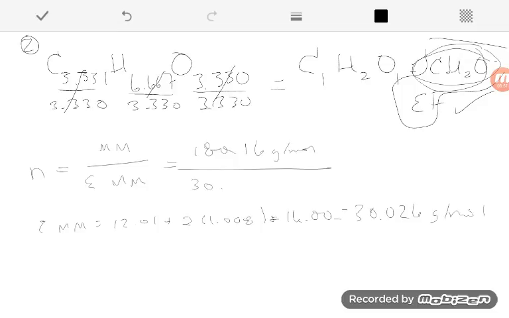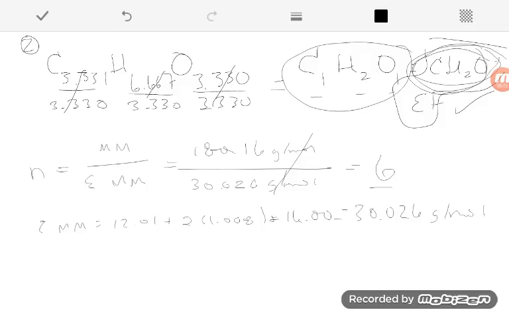So I get 30.026 grams per mole. So those cancel. I'm just going to get a number out of this, 180 divided by 30. So N is equal to 6. And so now I'm going to take this empirical formula, or maybe I can think about it with this one because I have the ones there, and multiply each of these subscripts by 6.